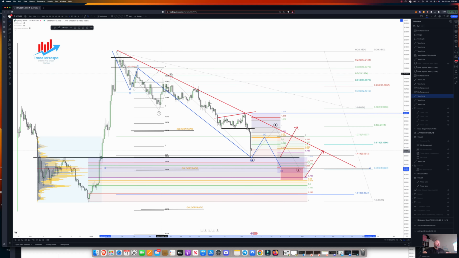Usually alts drop down a fair bit. The 786 level from the top to down is acceptable. So this lines up as well. Worst case scenario, as I said, it comes down to this level here. But I'll be looking for wave 5 to come down here. It really depends on what takes place. So that's what I have at the moment.